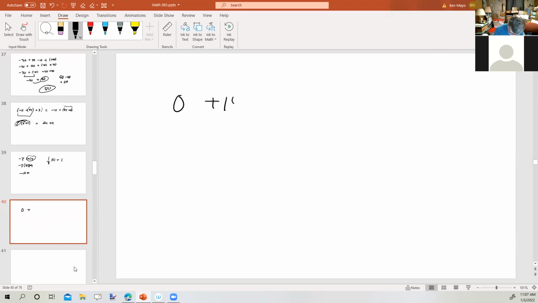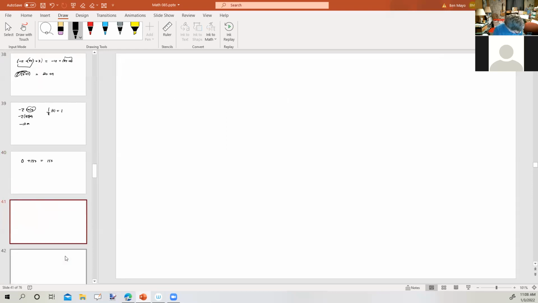0 plus 15x. Using the identity property of addition, basically it says that 0 is the additive identity. Adding 0 to a number doesn't change its value. Exponents, it says write each product using exponents.